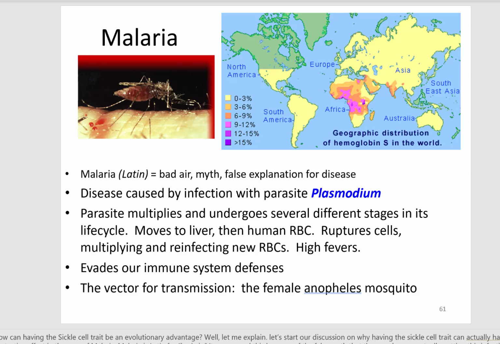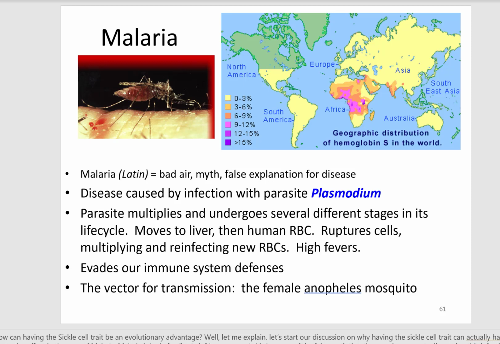What happens is the female Anopheles mosquito is one of the vectors for a parasite, the Plasmodium falciparum. People get bitten by a contaminated female Anopheles mosquito that carries the parasite.